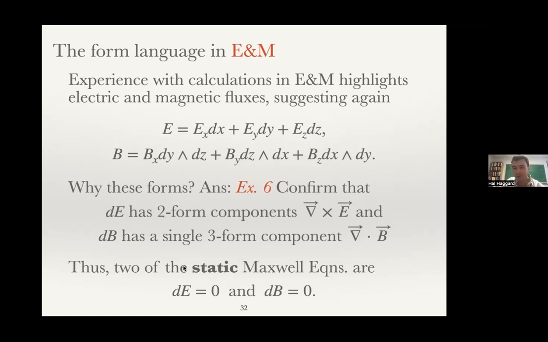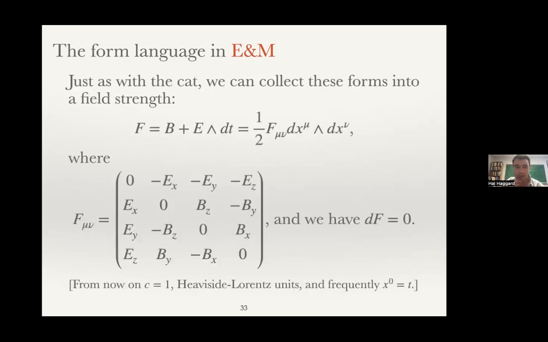Of course, we want to do this not just in the static limit, so let's try and do that as well. So I'm going to again introduce a field strength, and the field strength should involve all of our space-time coordinates, and so let me promote not just the B as a two form, but let me take E and wedge it with dt.